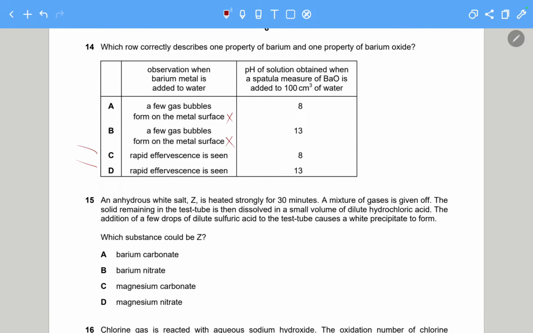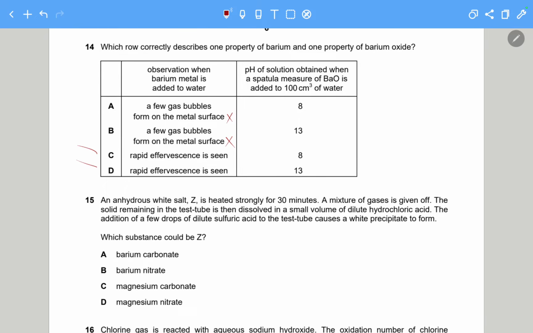Rapid effervescence is seen, yes, because barium is quite far down group 2, so it is expected to react very vigorously with water. And then the pH of a solution obtained when a spatula measure of BaO is added to 100 cm³ of water.